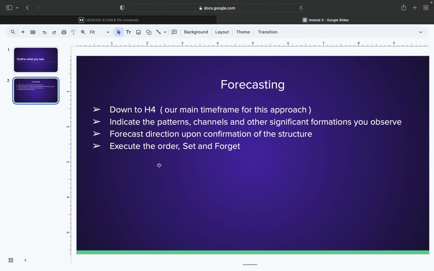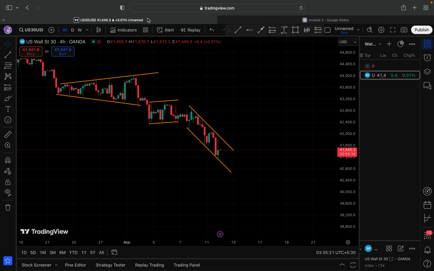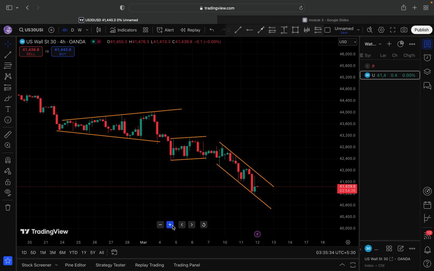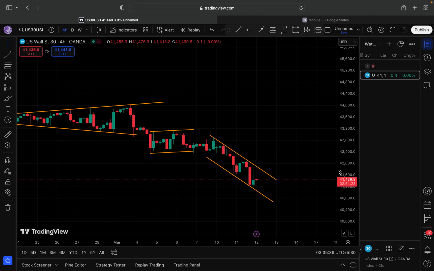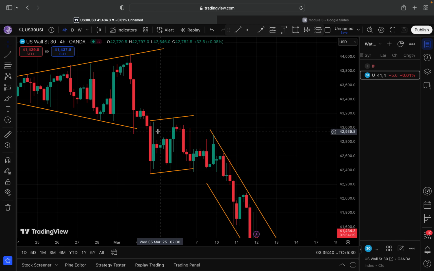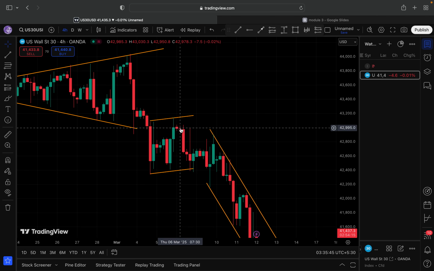After indicating these patterns, channels and any other significant formation, like probably the candlestick. Now candlesticks do not work alone. It serves as extra confirmation. Now let me show you a bit of extra confirmation that occurred on this H4 time frame. You would see that price already gave a double top here. Price was here, second touch, double top, and then it gave this candle.